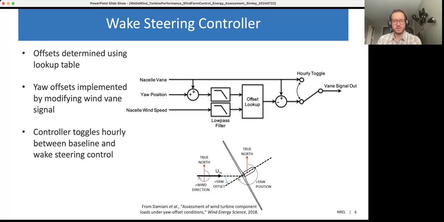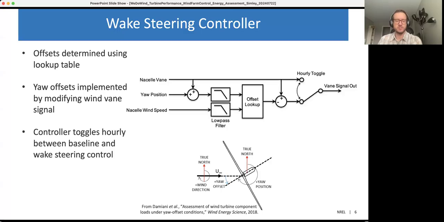So to implement this, we've participated in some experiments where we don't have access to the turbine controller. And so we just have to add some extra hardware to modify the wind vane signal that's then sent to the turbine controller. Other experiments, we've worked with the OEM, which I'll talk about on one of the next slides.